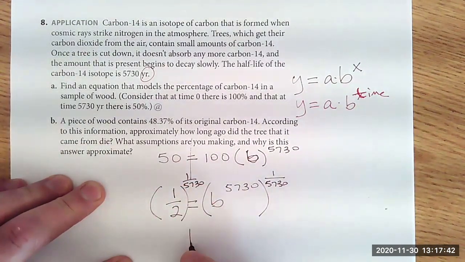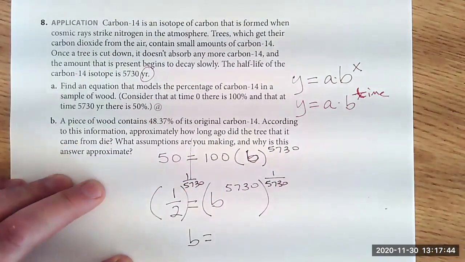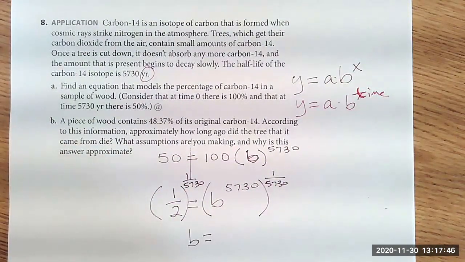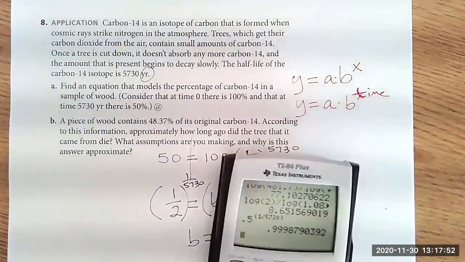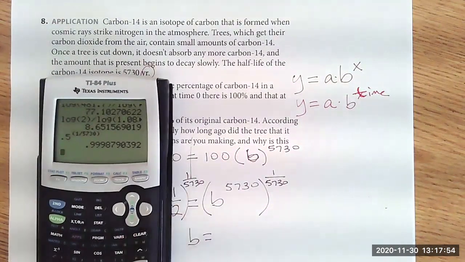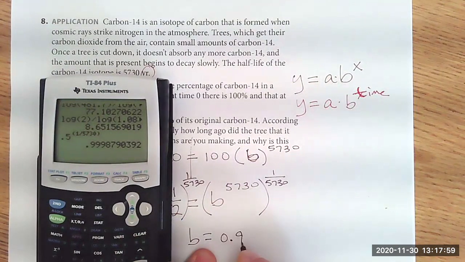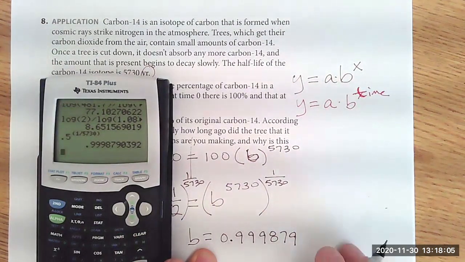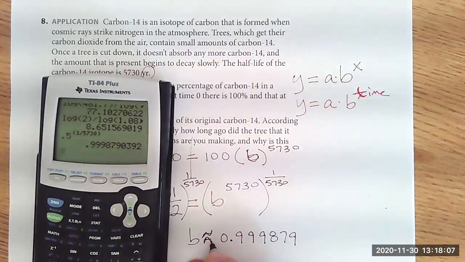And then you'll get B equals, and in this case, I believe the decimal is kind of long, approximately. We'll stop there. So this is B.